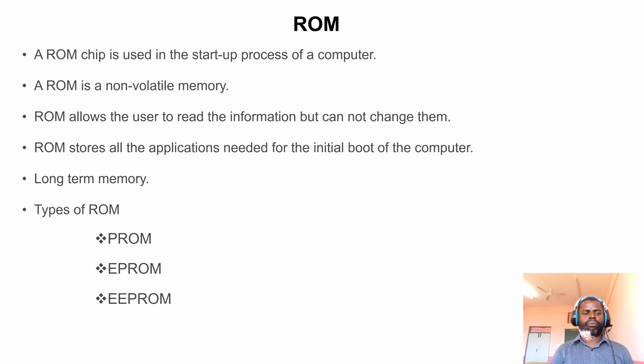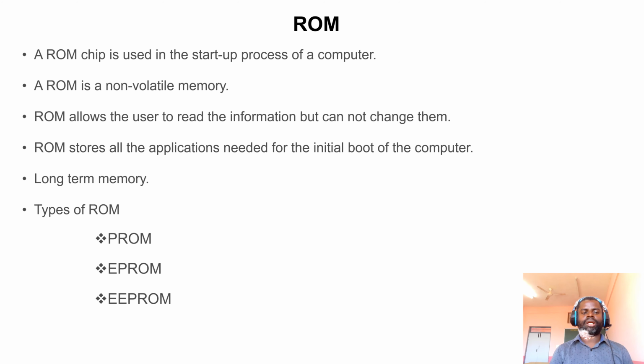ROM stands for read-only memory. ROM chip is used in the startup process of a computer. A ROM is a non-volatile memory. The content available in the ROM is never lost, even if the power goes off. ROM allows the user to read the information but cannot change it.